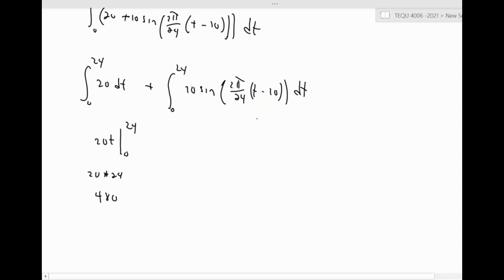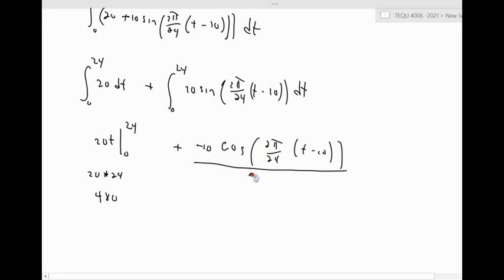Kind of funny here. So the integral of a sine, let's say this would be plus 10. The integral of a sine is cosine, and that would be a negative somewhere here. And that would be 2 pi over 24 t minus 10, divided by, in this case, 2 pi over 24.